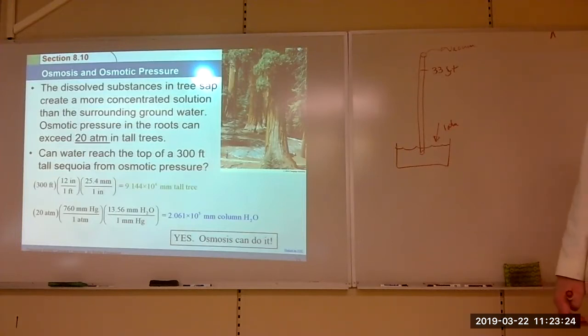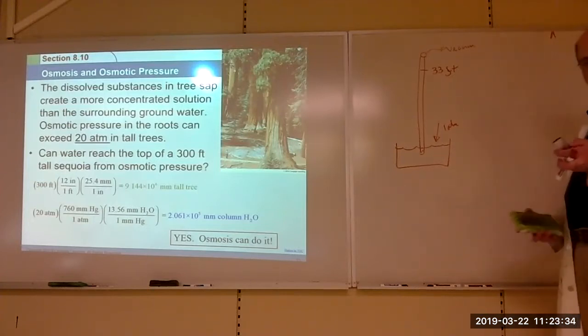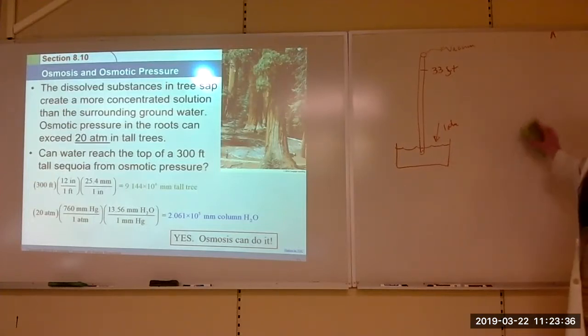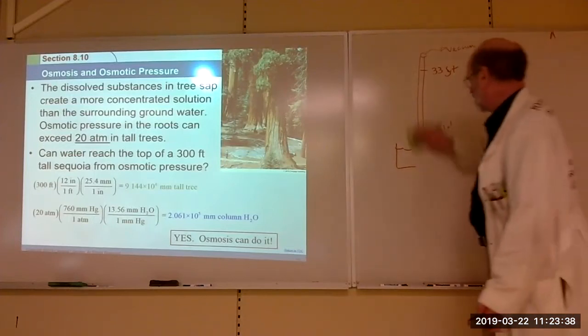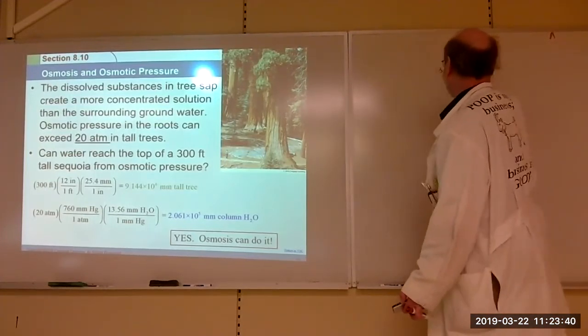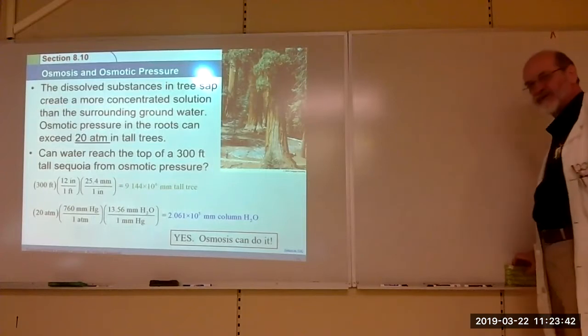So osmosis is the answer. Osmotic pressure developed in the roots of the tree is sufficient to drive water to the top of the sequoia. Now you got something to amaze your friends at parties. Or a trivial pursuit or whatever.